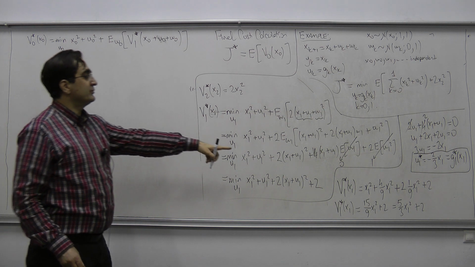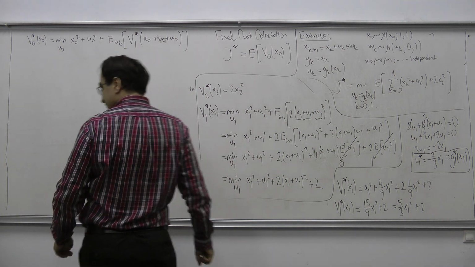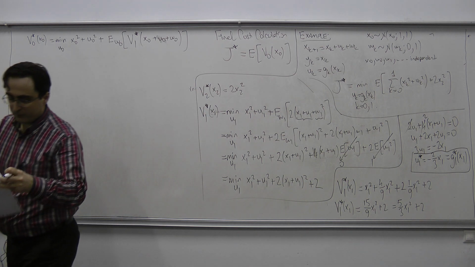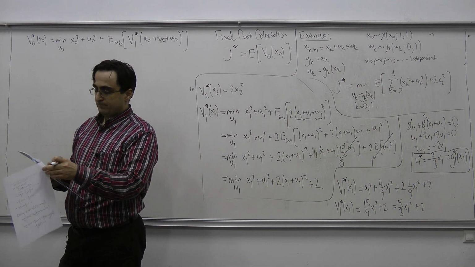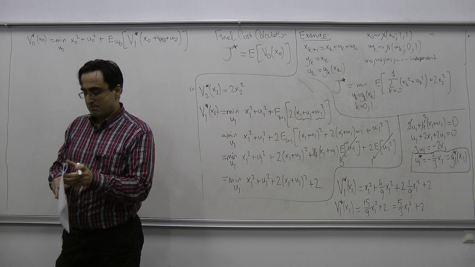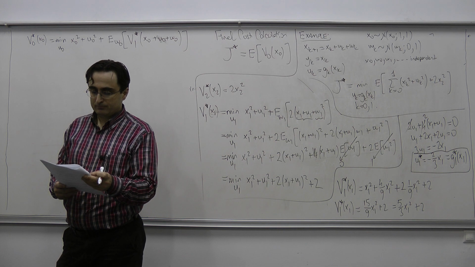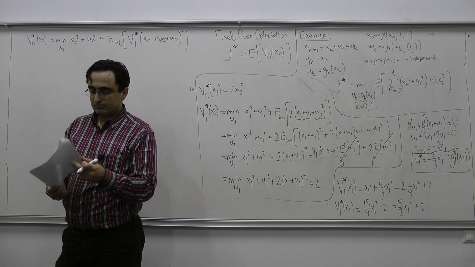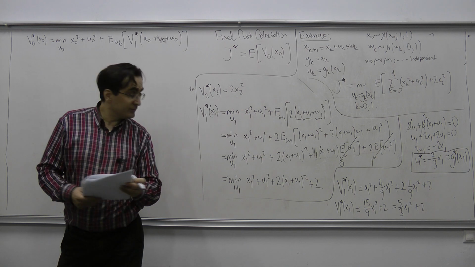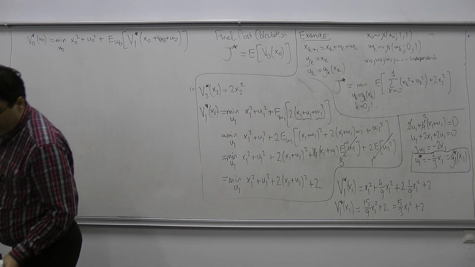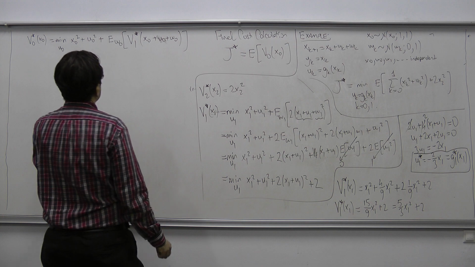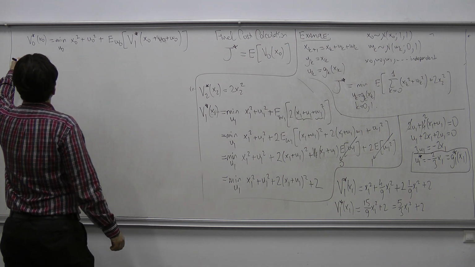So now let us substitute that v1 star description. Let me first check if it was correct or not. Yes, it was correct. And now I can actually make that substitution.